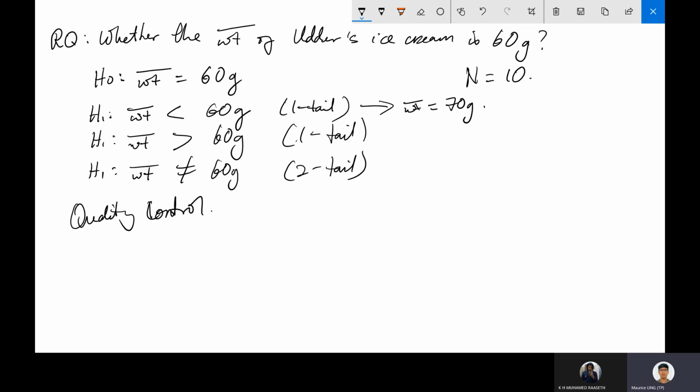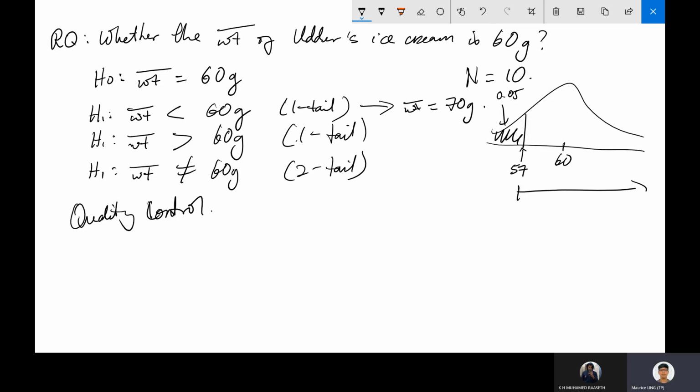Why? Remember, you look at your rejection criteria. This is 60, but you want it to be less than 60. So this is 0.05, and maybe your rejection criteria here is 57.